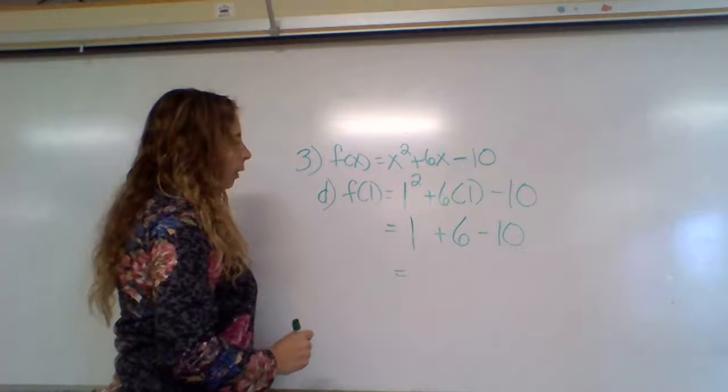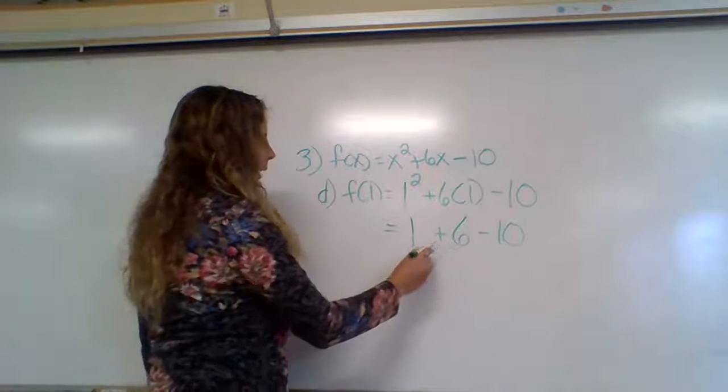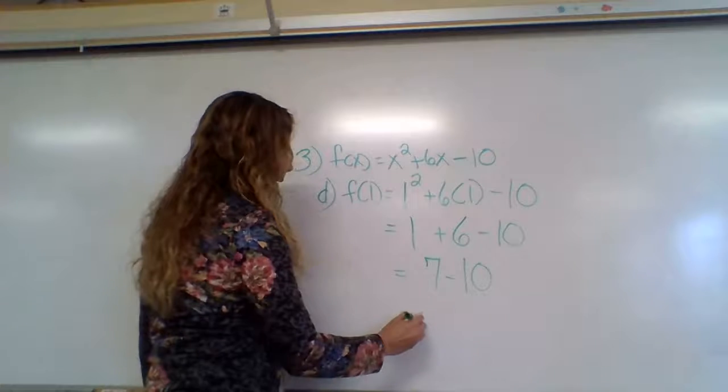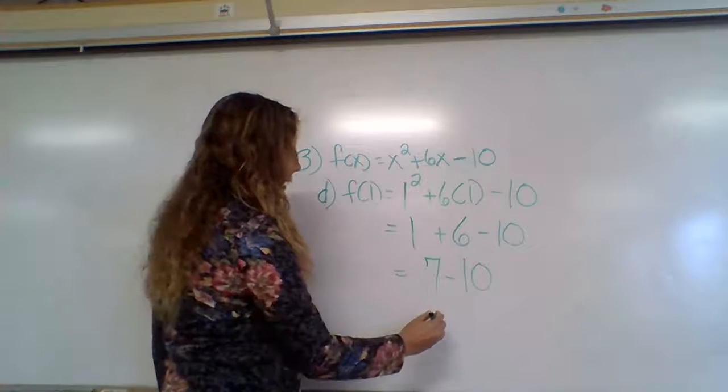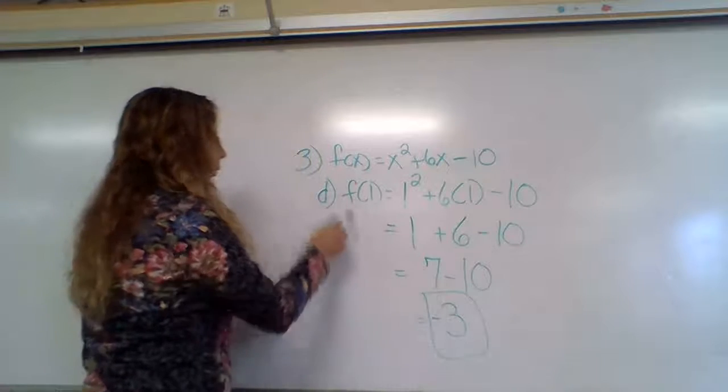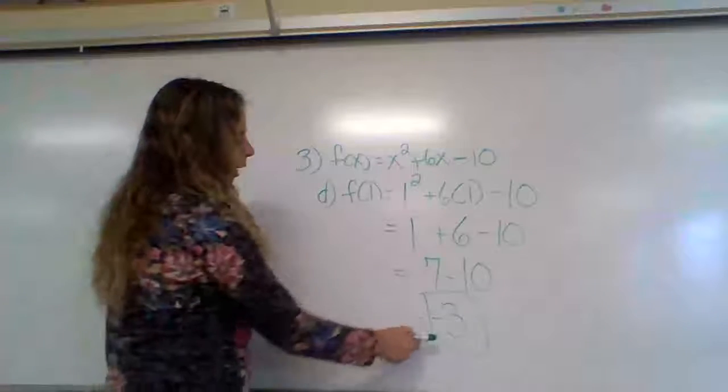Combine them all together. 1 plus 6 is 7 minus 10. 7 minus 10 is negative 3. So when x equals 1, f of x equals negative 3.